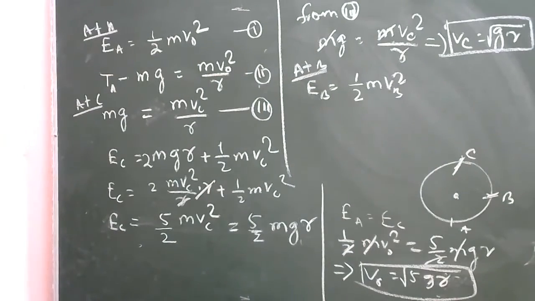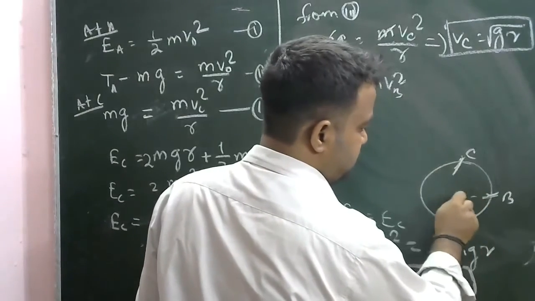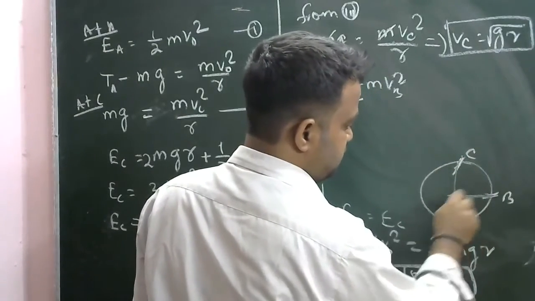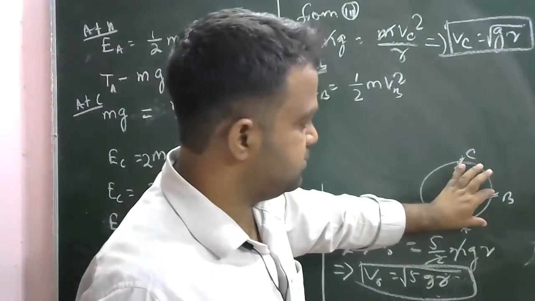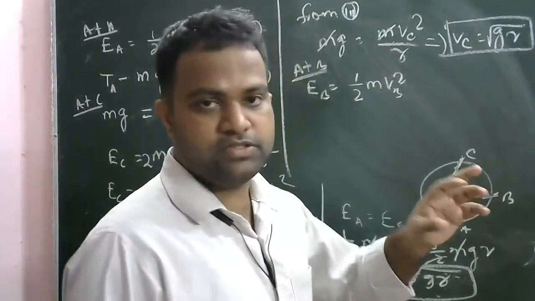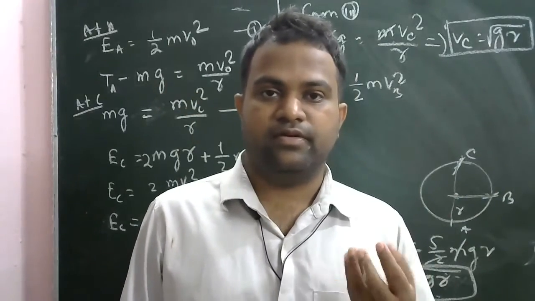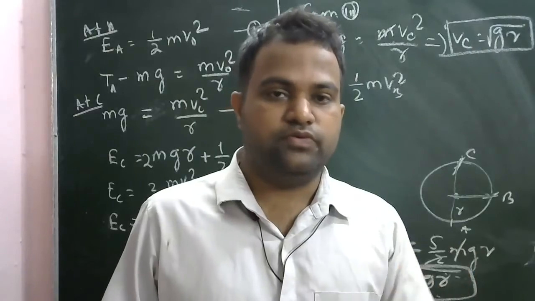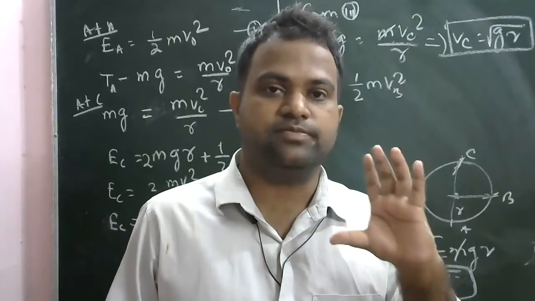What is the potential energy? You can guess. Potential energy at position B is exactly half of your diameter, so this will be R only. What is the height? Because potential energy does not depend upon the path. It depends only on the initial and final position, so it only depends upon the height.